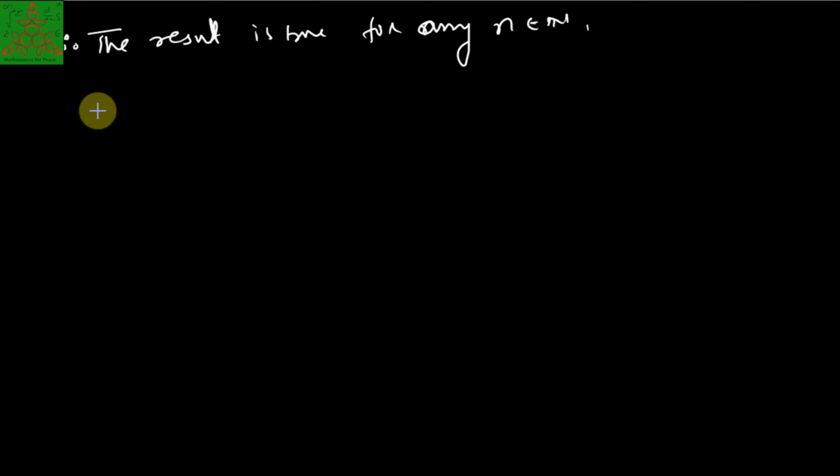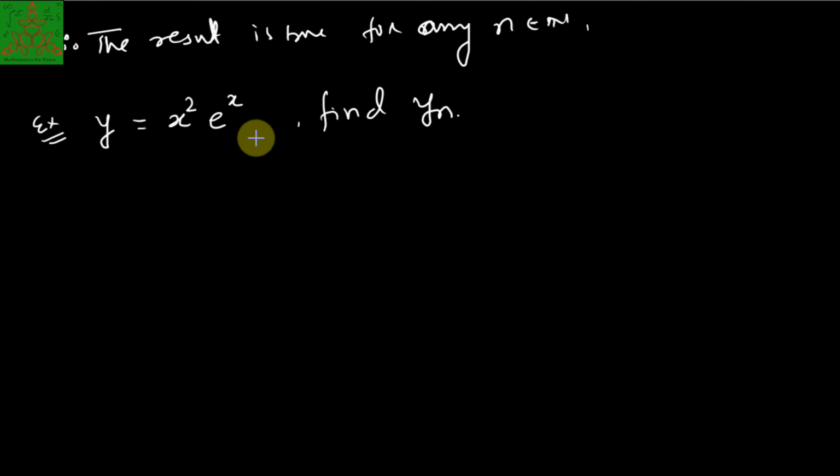Let us solve a couple of examples for finding the successive derivative of some function. For example, let us consider y is equal to x square e power x. The question is find yn, that means the nth derivative of x square e power x.